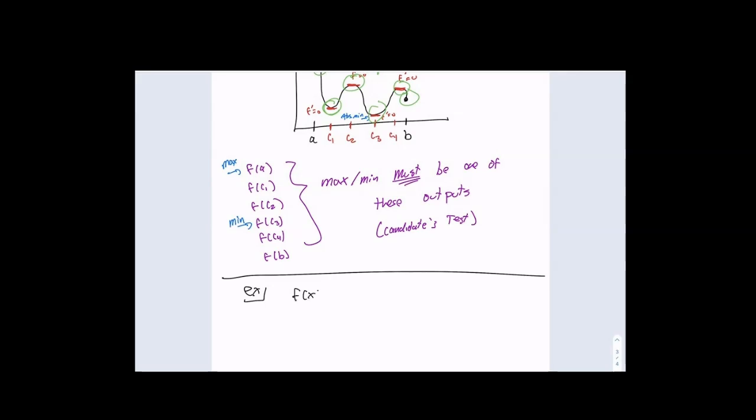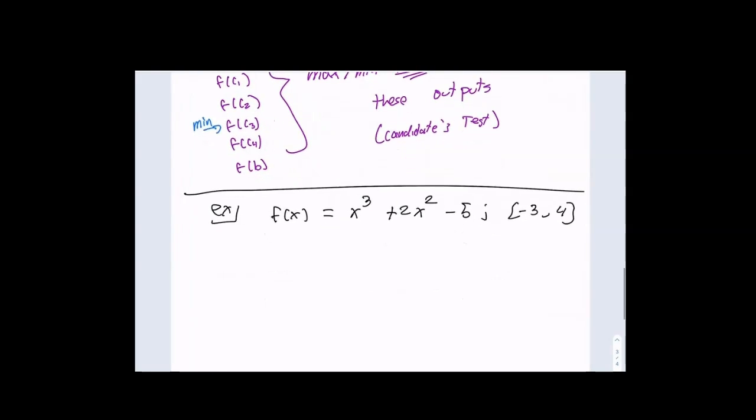So here's an example. The function f of x is x cubed plus 2x squared minus 5, and we're going to go from the closed interval -3 to 4. Is this function continuous? Yes or no? On the interval -3 to 4.